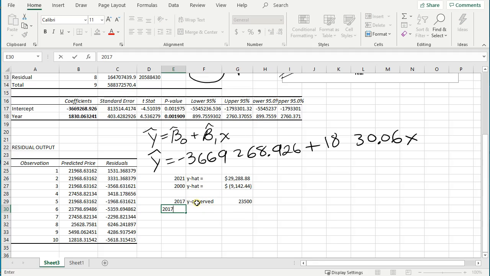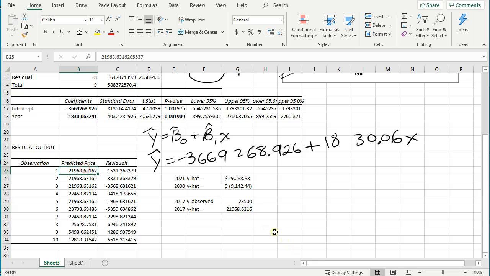The Y hat, or the predicted value, would be our intercept plus the coefficient for the year times 2017. Press enter, and you see we're getting the same predicted value that they had.